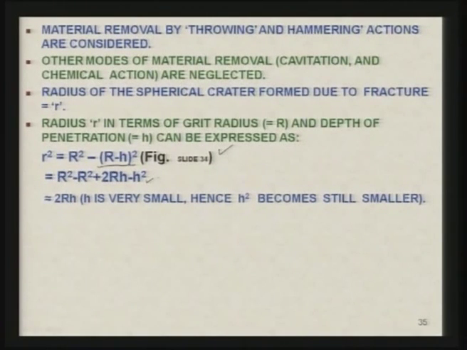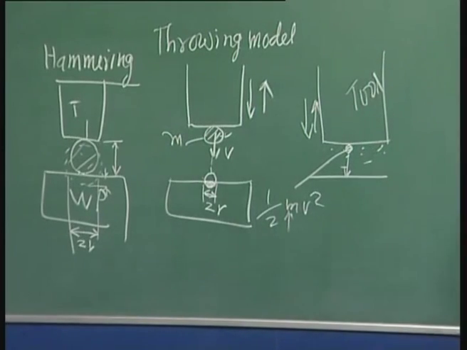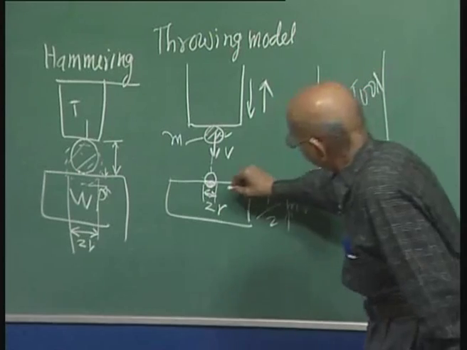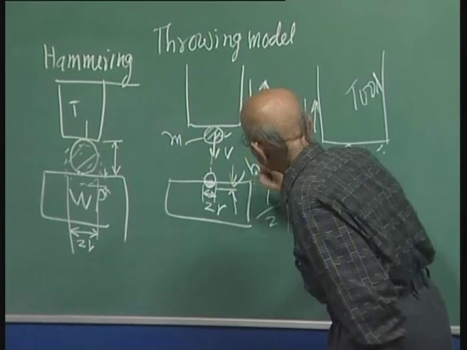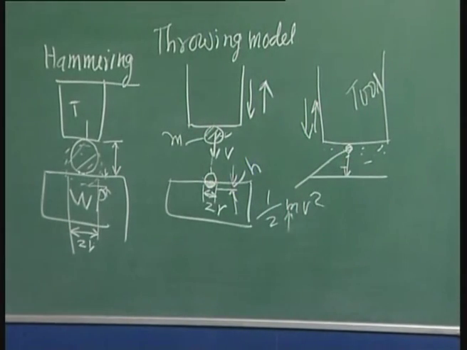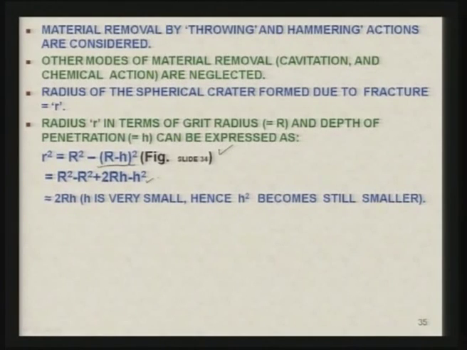Now, h is the depth of penetration, which is very small already, and if you square it, it becomes even smaller. So, that is why it can be neglected. The R squares cancel, and you are left with 2 R h. So, r square becomes approximately equal to 2 R h, since h is very small, hence h square is still smaller.